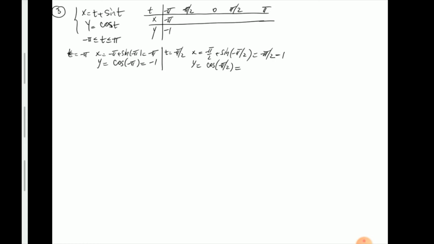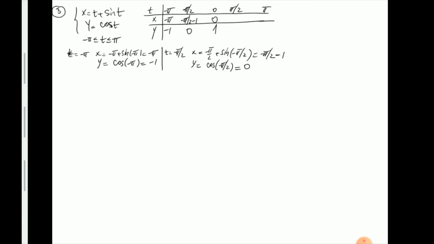Yeah, minus pi over 2 minus 1 for x, and this will be 0. I want to double check something. All right, so for 0, we can do this mentally. 0 plus sine of 0, that's 0.